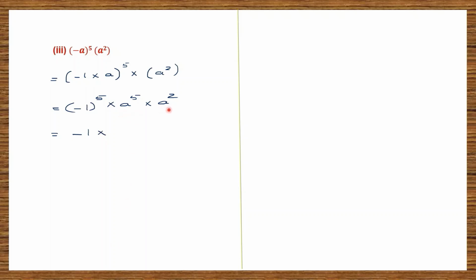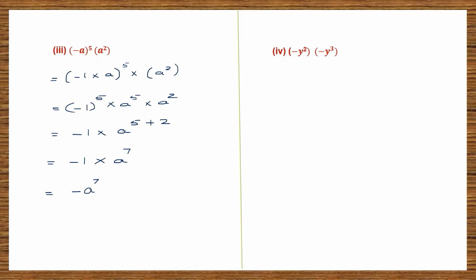As you can see, the base is the same and because it is multiplication, we can add the powers. So we just have to write the base once, a, and add up the powers, 5 plus 2. So this will be minus 1 into a to the power of 7. So 1 into anything will give you back the same number. So minus 1 into a to the power of 7 will be minus a to the power of 7. So the answer is minus a raised to the power of 7.